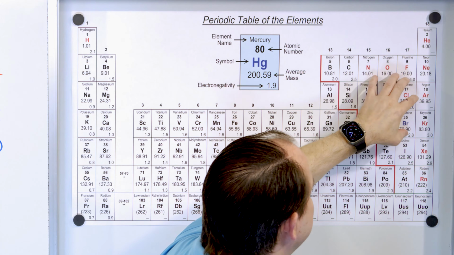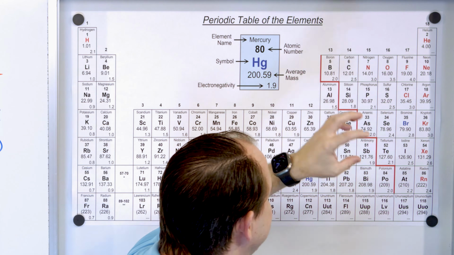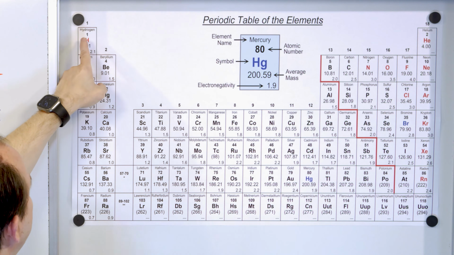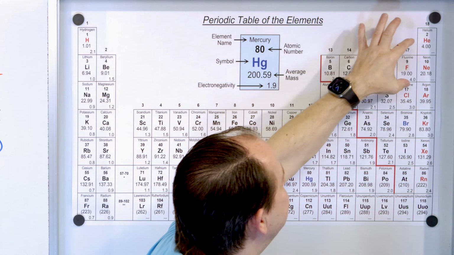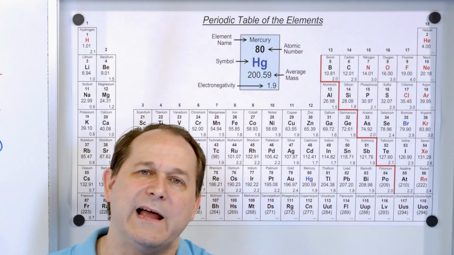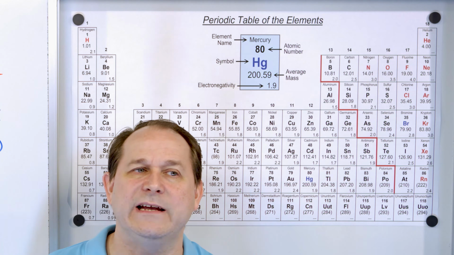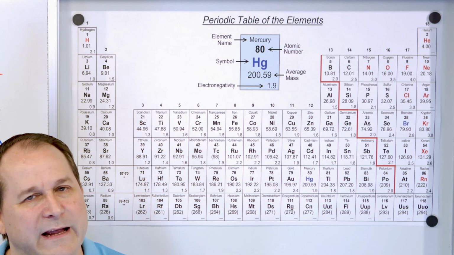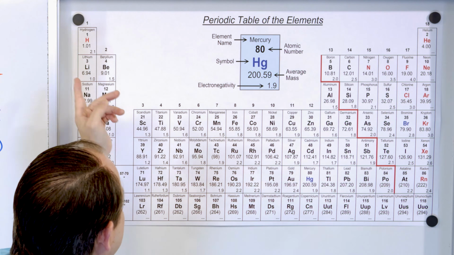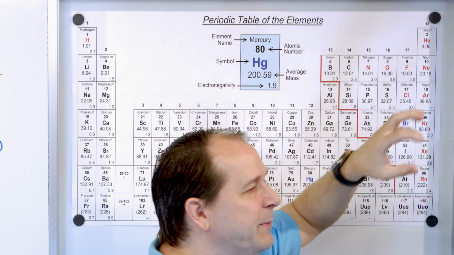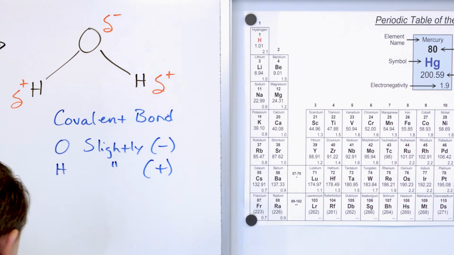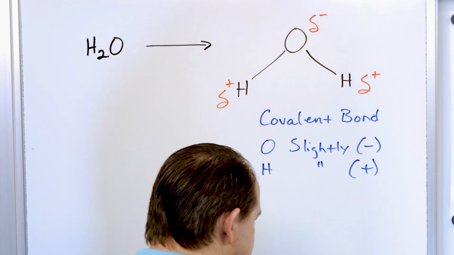Things on the right-hand side bonded together are usually molecules, and they're sharing electrons. But hydrogen's the weird one because it's printed over here. I want you to think of hydrogen mostly behaving like a non-metal. Think about it. It's a gas. It doesn't look like a metal. But it's on the left because it's element 1, and occasionally hydrogen can behave kind of like a metal in certain situations. But most of the time, like in water, H2O, it's behaving like a non-metal, which means it's sharing electrons, right? And so water is a covalently bonded molecule.